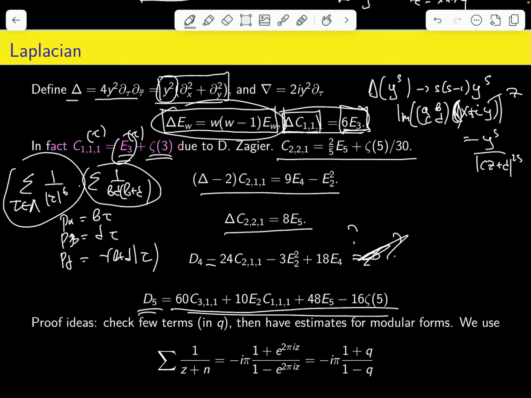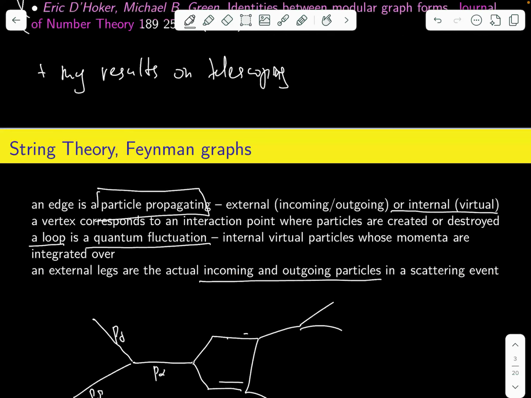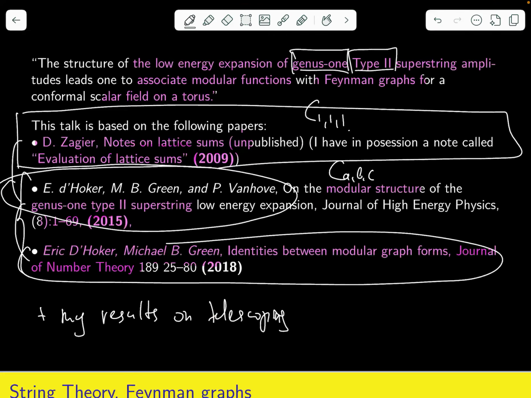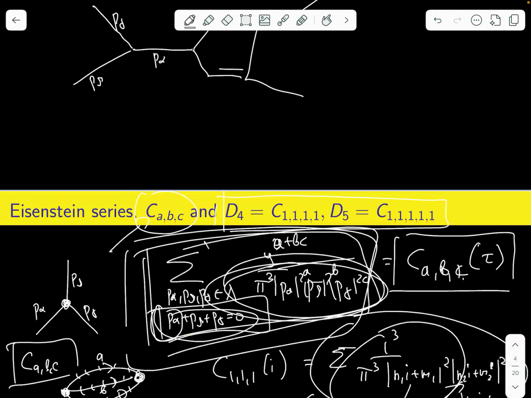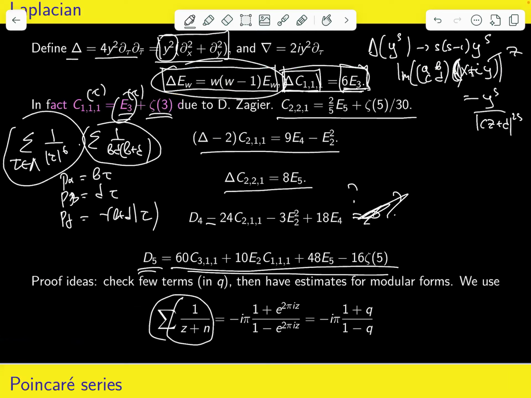Okay, and then how do people prove them? The proofs are in this article here, on identities. As you see, when you have such expressions, in the denominators you have certain such sums. You have a complex number plus n, and you sum over all n, which is an integer. And you can express it in a standard way. Think of just this sum, it's a very famous formula, maybe due to Euler.